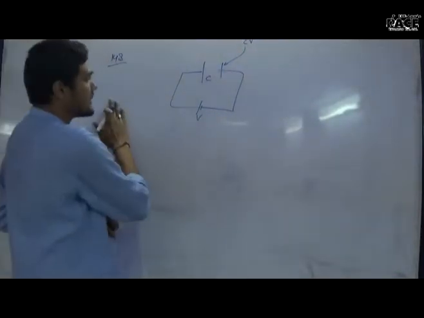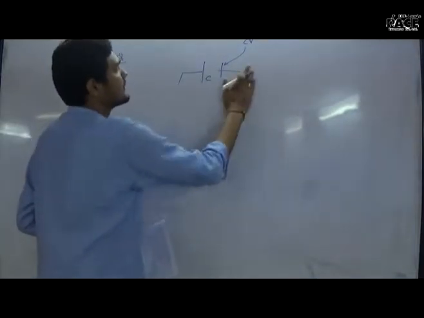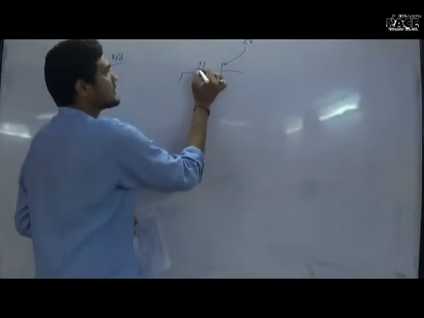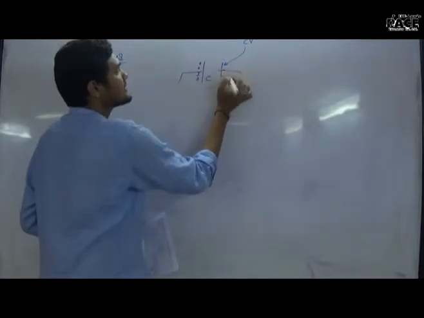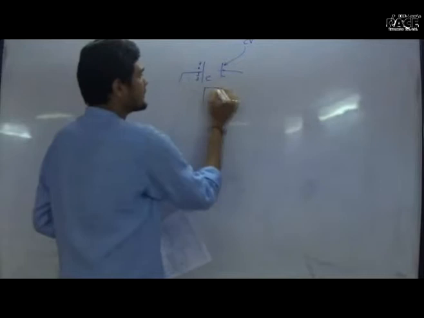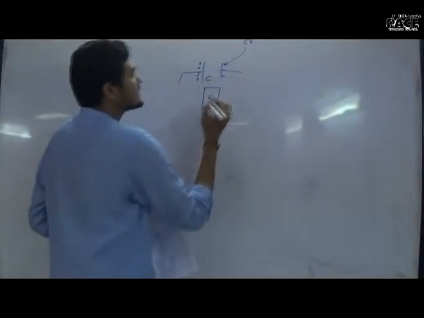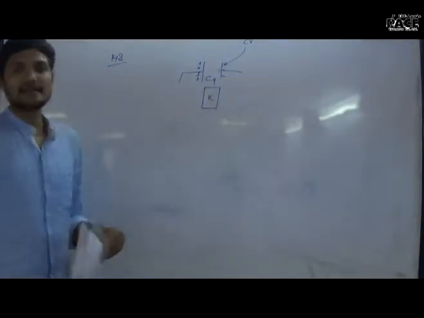After that, the battery is disconnected. This plate is positively charged and this is negatively charged, and the charge is CV. Now a dielectric of dielectric constant K is inserted inside the capacitor.